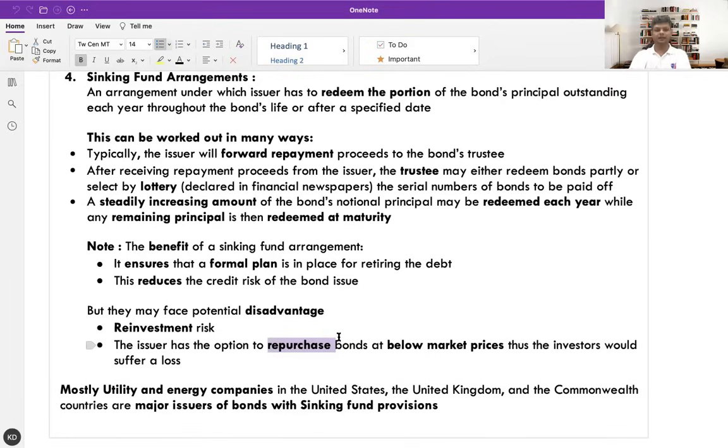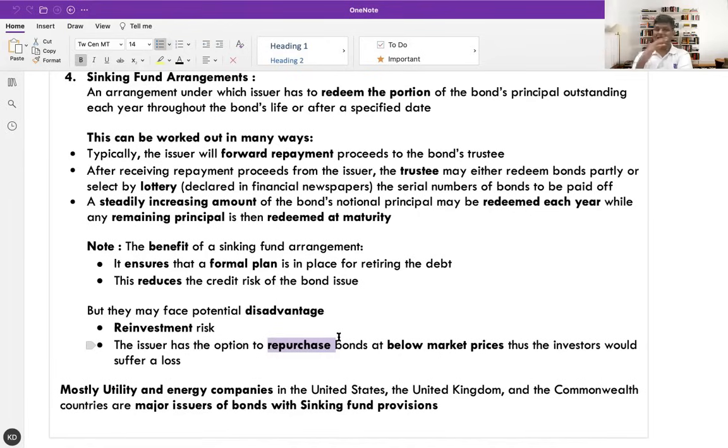Any questions, anyone? So there will be no fixed amount of reimbursement. Reimbursements, like. So see, first of all, that is already pre-decided in the bond indenture. So before you buy the bond, you are aware of the structure. How much money will be put in the sinking fund every year?